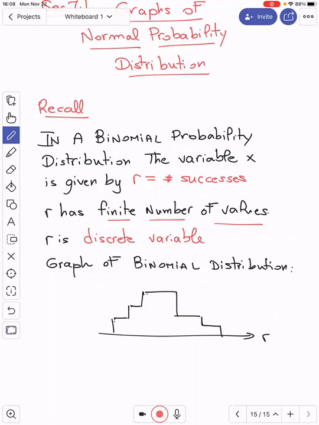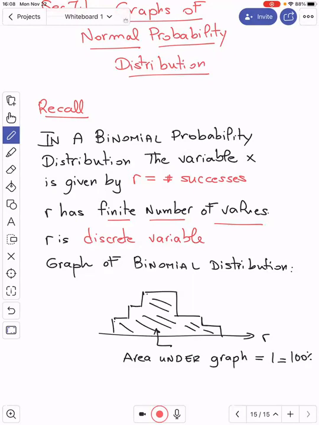An important remark here is that the area under the graph is equal to 1, or 100%. So that's our binomial distribution, whose variable R is discrete.